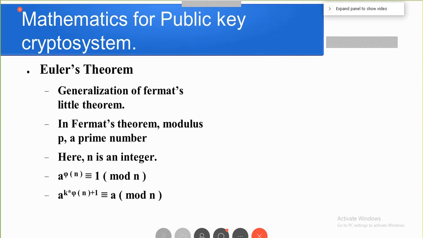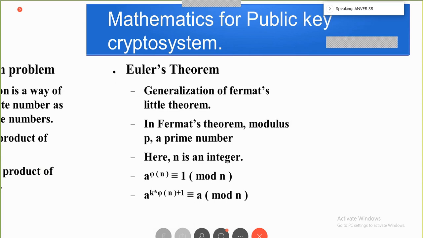So a raised to p minus 1 is congruent to 1 mod p. Here we are taking n as any integer, prime or non-prime. So there are again two statements: a raised to phi of n is congruent to 1 mod n, and a raised to k into phi of n plus 1 is congruent to a mod n. These are the two statements.